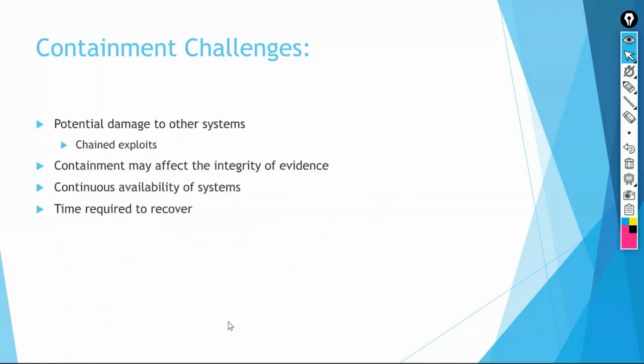Now, what are the challenges faced by the containment? One of the biggest challenges is potential damage to other systems. If your incident response policy is not effective, if you are not able to contain the incident within a given time frame, then it can impact other systems as well. That is the reason why we say that incident management is a critical element when we are talking about incident response.